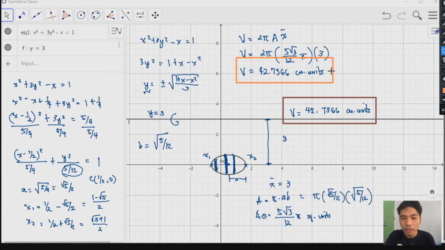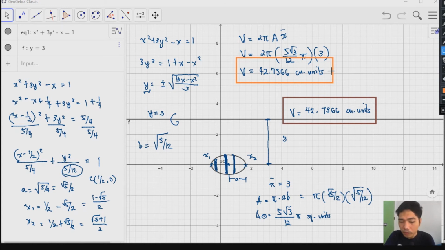But what if your curve is an irregularly shaped figure? Or what if it's not a square or an ellipse or a rectangle or a triangle? It's quite difficult for us to determine the centroid of that particular figure because it takes quite a while to understand the figure itself first, and then you have to use another method, which is still calculus, to determine the centroid of that figure.